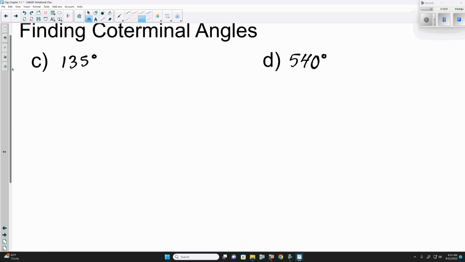Now we can also do it with degrees. But with degrees, we're not going to add and subtract 2 pi. We would add and subtract what? Because what's a full circle? 360, because a full circle in radians is 2 pi. So for 135, I could add 360 degrees, which gives us 495 degrees.